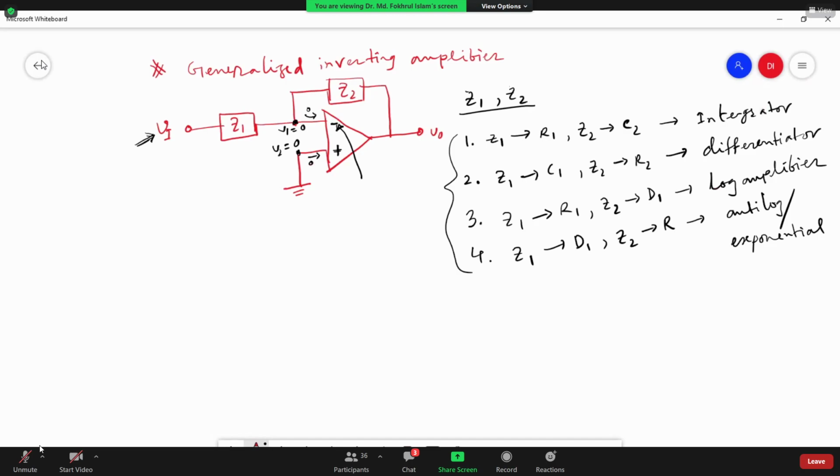Another special kind of amplifier usually used as a half wave rectifier is a simple non-inverting amplifier, or you can say the voltage follower circuit.